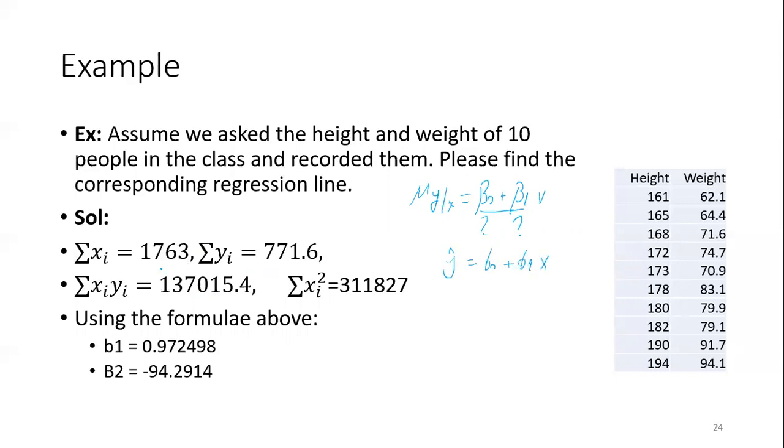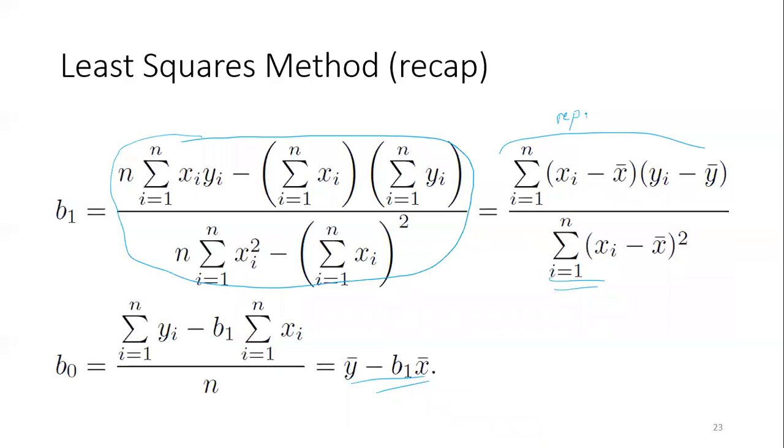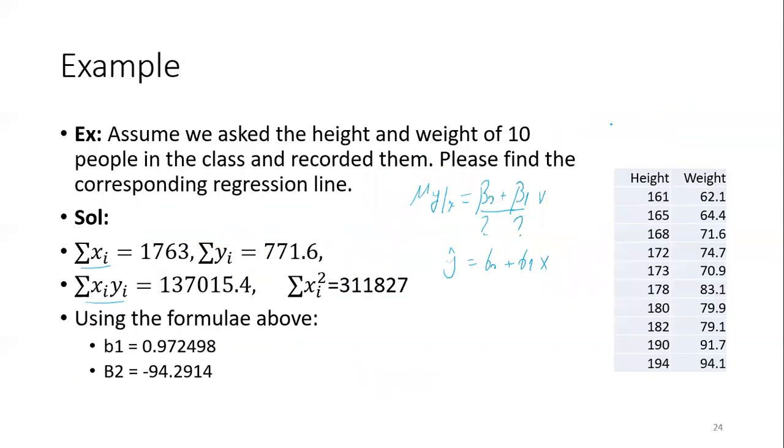To calculate b1, just calculate the sum of xi times yi, and so on, as given in the formula. This thing is good for representation, and this formula is good for calculation. They are the same thing.